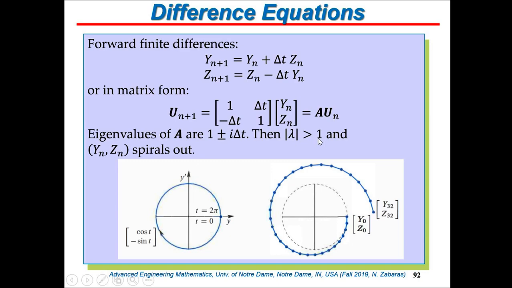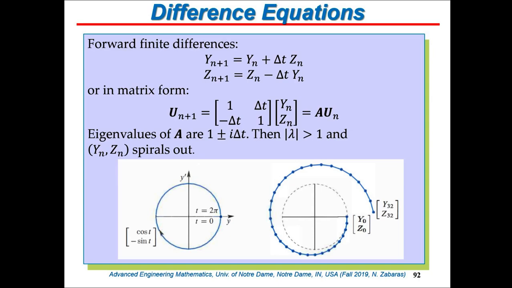And I remind you, when you write down the general solution of this system of differential equations, you get terms like C1 times lambda 1 to the power k times x1, and C2 lambda 2 to the power k times x2.